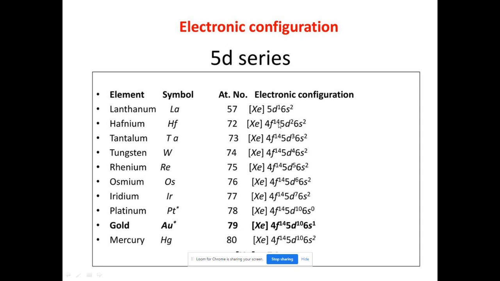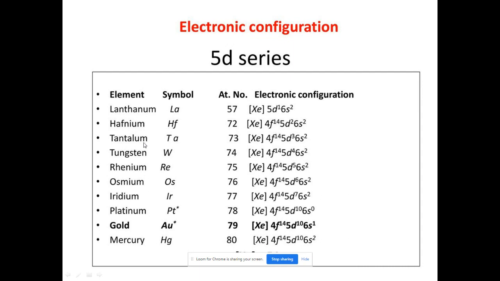After the 4f subshell is filled up to its capacity, the next electron enters into the 5d subshell. The next element after lanthanum is hafnium, whose symbol is Hf with atomic number 72. The elements in between, from cerium to lutetium, are known as inner transition series elements or lanthanides. As they are placed after lanthanum, they are known as lanthanides.